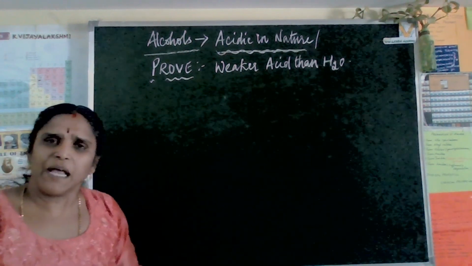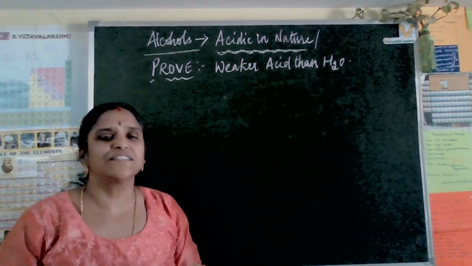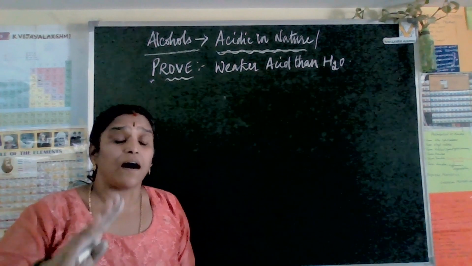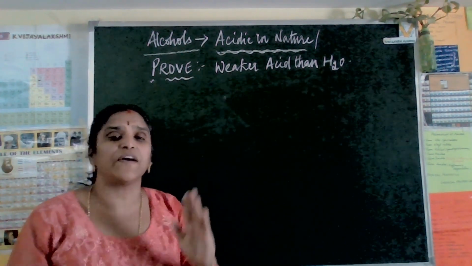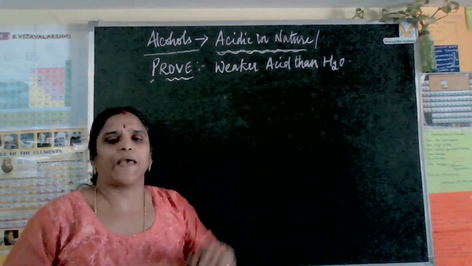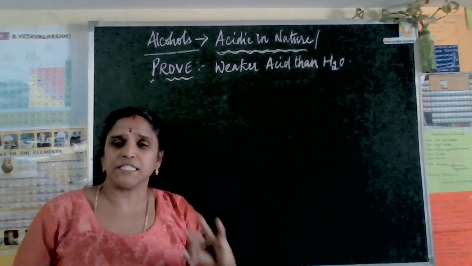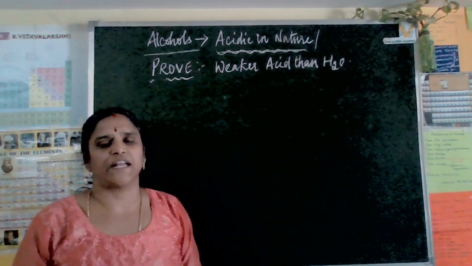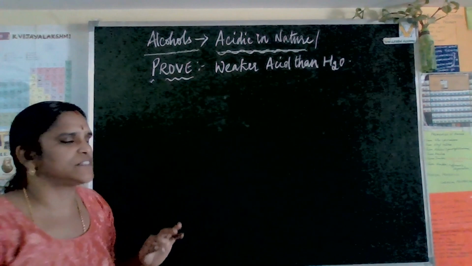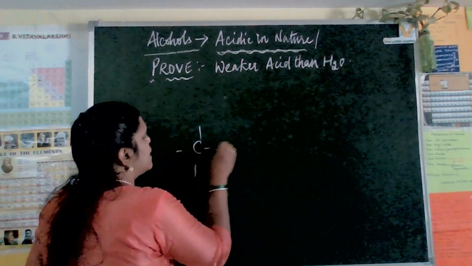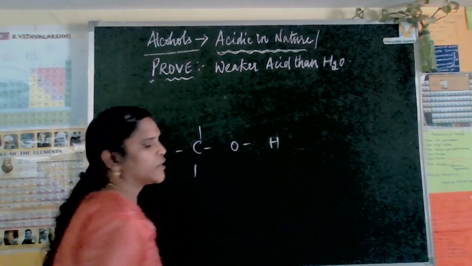Okay, chemical properties. Alcohols are versatile compounds, meaning alcohols act as a nucleophile as well as an electrophile. To prove this, three important points are to be noted. What are those three? Generally an alkyl group is attached with an OH group, isn't it?